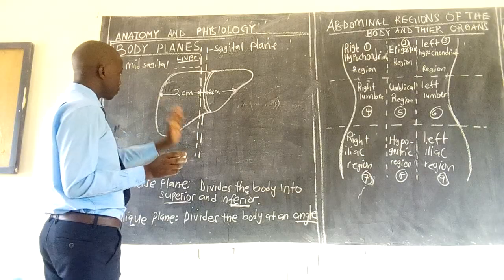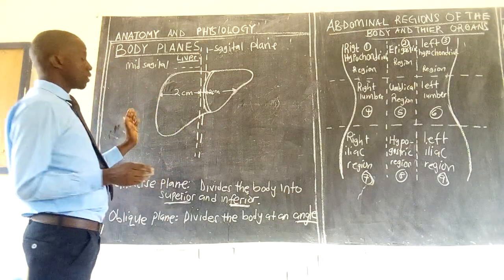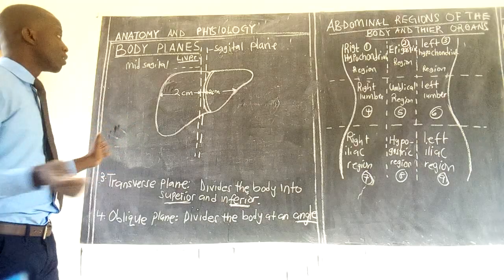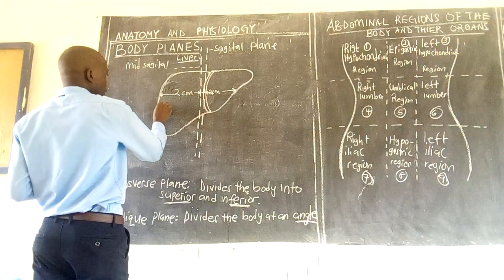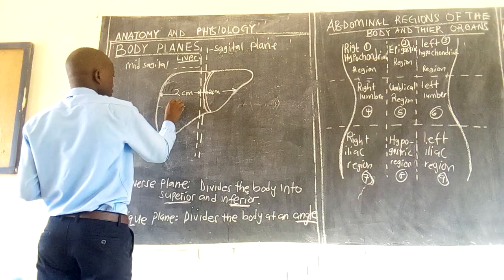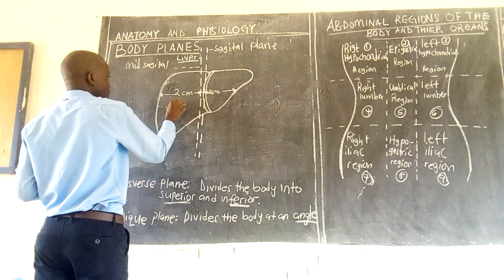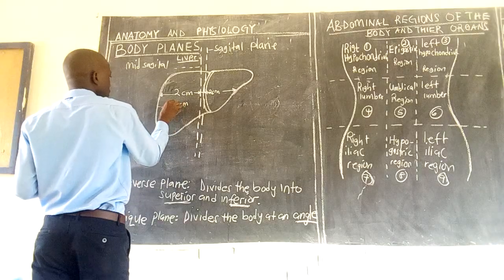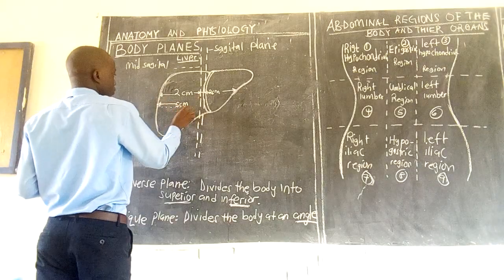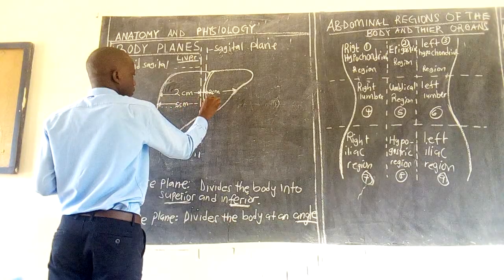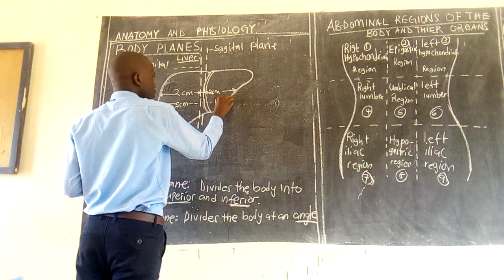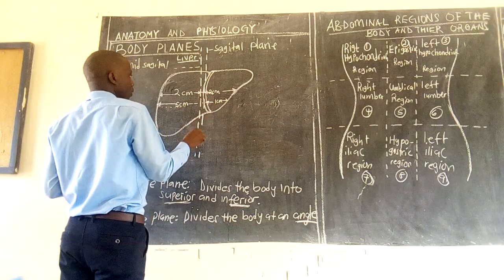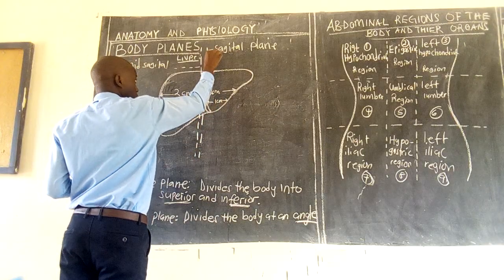Then that line that is going to divide it into any size, left and right, but these are not of equal sizes. Meaning, I can have from here to here 5 centimeters to the right, and 1 centimeter here. So my line can be here like this.